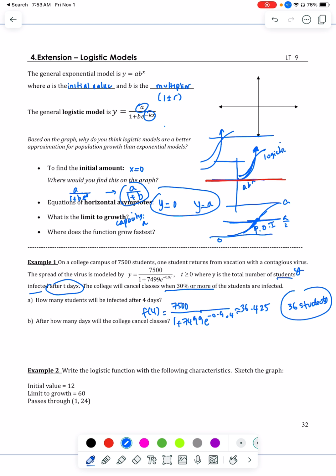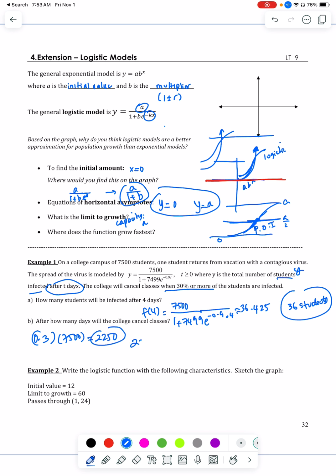Remember, the college will cancel classes when 30% or more are infected. You have a total of 7,500 students. So if you have 30% of that, you're going to do 0.3 times 7,500, which is going to be 2,250. This is the number you're looking for.